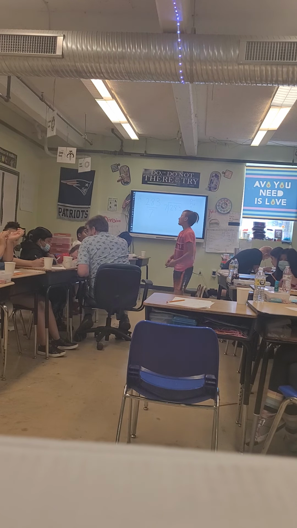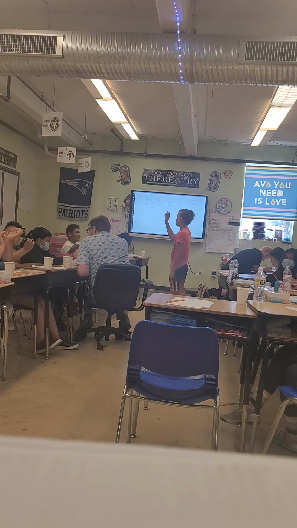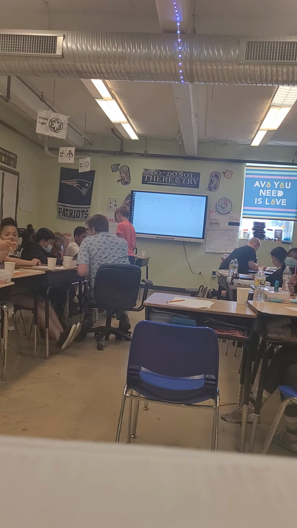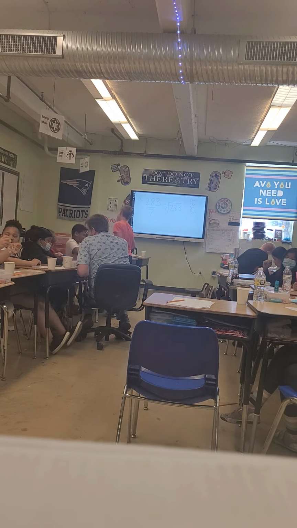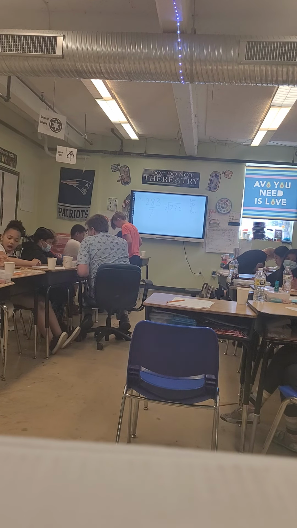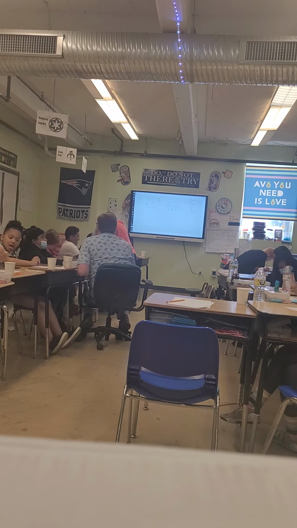So 7 can go into 2, put a 0 there. 0 times 7 is 0. Subtract, take 2 away from 0, move up, and then bring down your 8. Then you have 28. That would be 4. How many times does 7 go into 3?